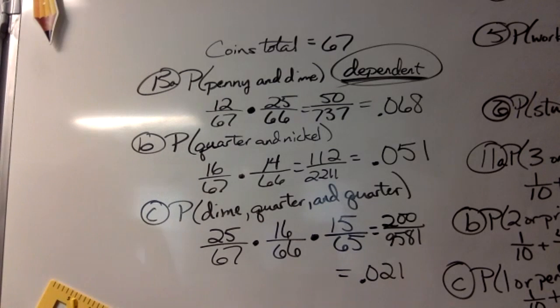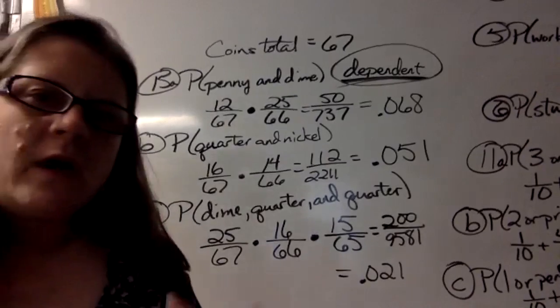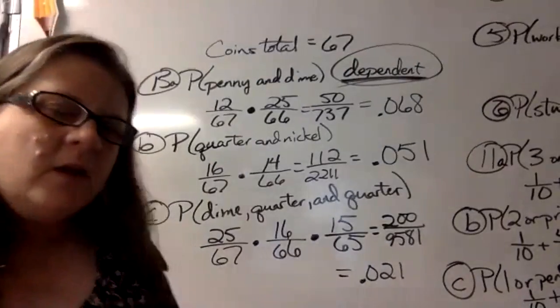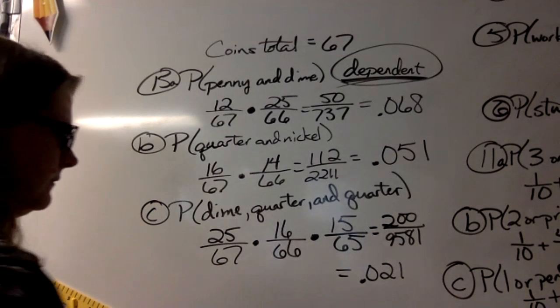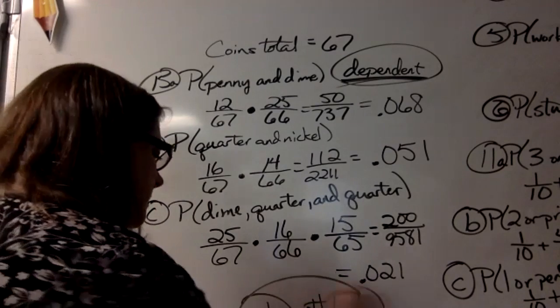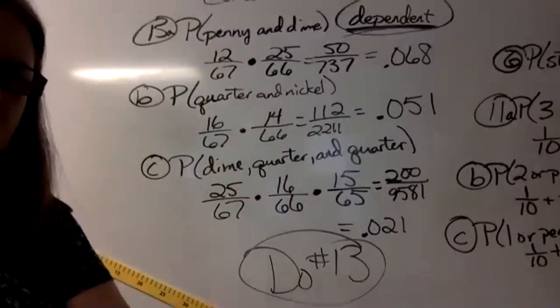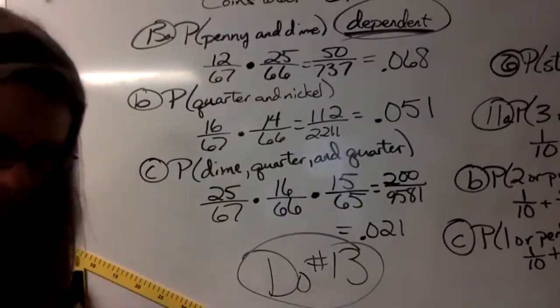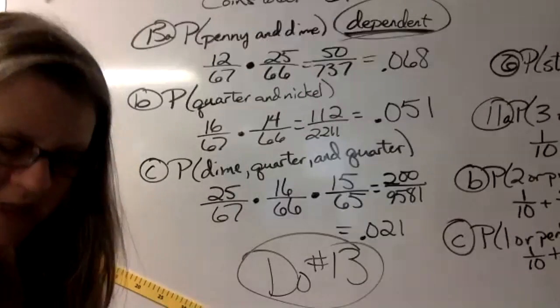Now, what I want you to do is don't forget to try to go and do that quiz. What else I want you to do is do number 13 on that review page we were just doing. On number 13, it says with replacement.